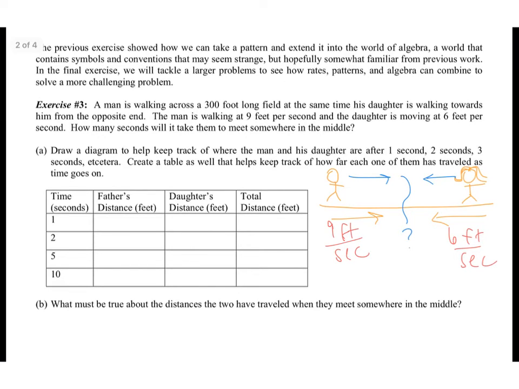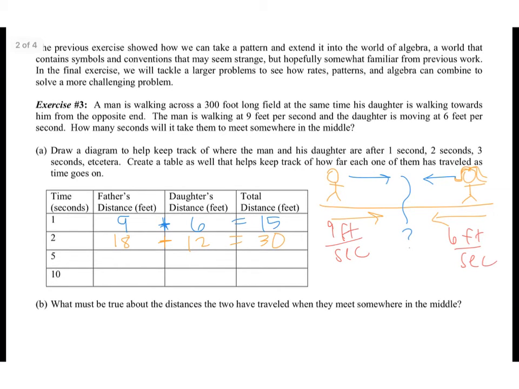So after 1 second, the father has gone 9 feet. After 1 second, the daughter has gone 6 feet, so a total distance of 15 feet. After 2 seconds, it's 9 times 2, so 18 feet is how far the father has gone. 6 times 2 is 12, and 18 plus 12 is 30 feet total.